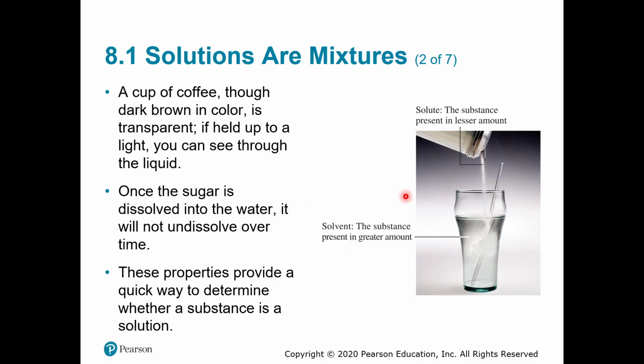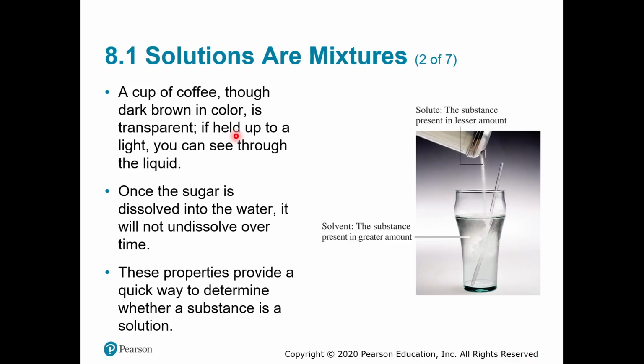All right. So, again, that cup of coffee, it's a dark brown color until you put the creamer in it. It's transparent. That's a big indicator to you that it's a solution. And when it's not transparent, that means there's things that are not actually dissolved in. Okay? So, for example, when you put creamer in, anybody notice that the coloring changes a little bit, but also it's no longer clear, right?